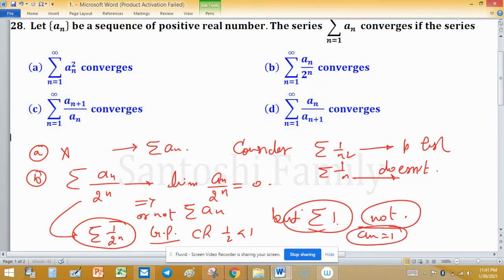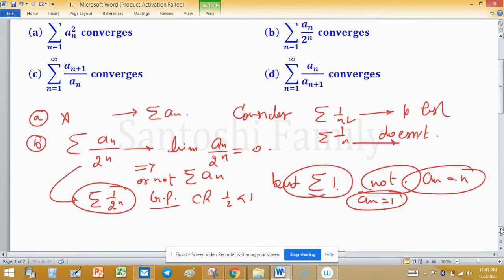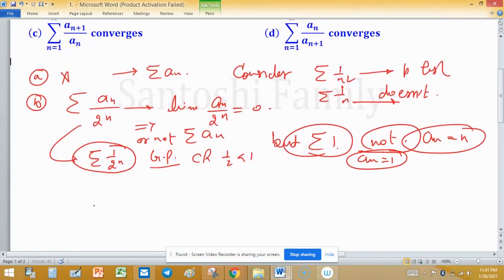Or you can consider a_n as n and apply the nth root test, or Cauchy nth root test, on n upon 2 raised to the power n.